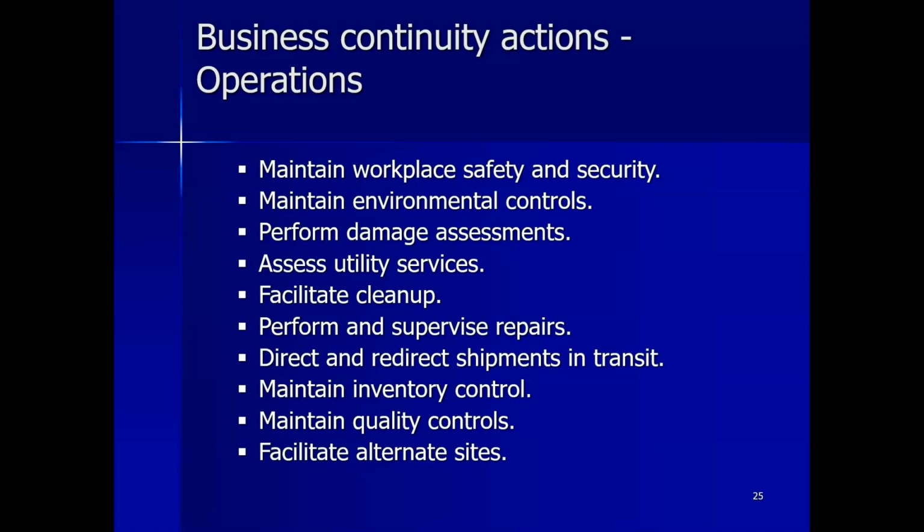Business continuity actions within each function for a typical organization include, for operations, we have the following. First, maintain workplace safety and security, and that includes maintain environmental controls, perform damage assessments, assess utility services, facility cleanup, perform and supervise repairs, direct and redirect shipments in transit, maintain inventory control, maintain quality controls, and facilitate alternate sites.